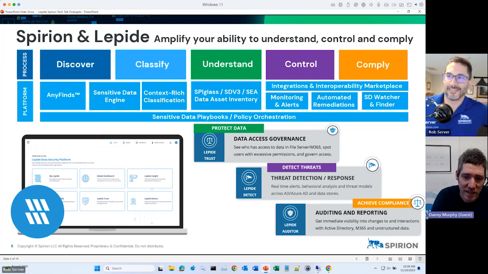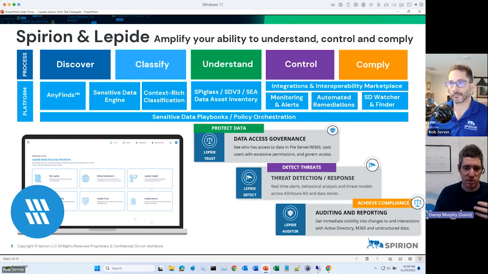The second piece is around detecting threats and responding to those threats as well. As we're continuously monitoring and understanding how people are interacting with the data, we need to do this in real time. Understanding user behavior is also really important.